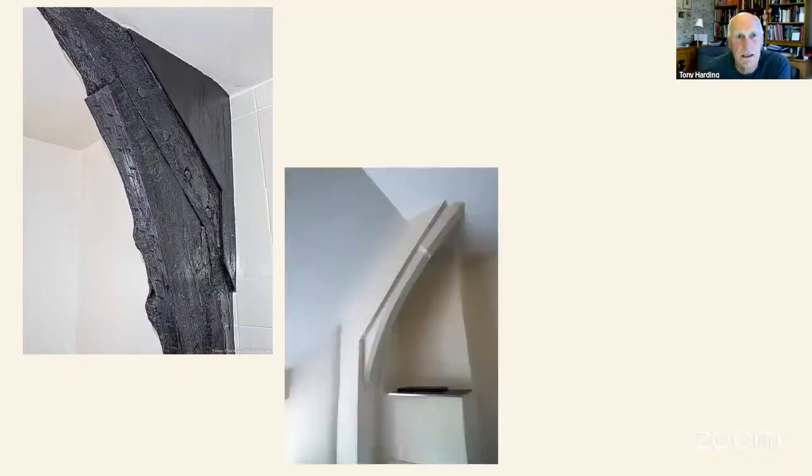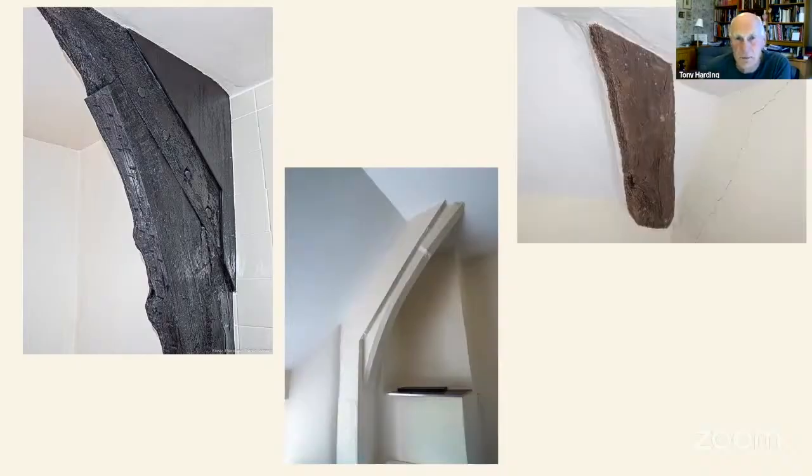Sometimes they might be painted black, painted white, or completely plastered in. You can see a windbrace there, and this crack in the plaster there, which is the line of a truss. Sometimes they're boxed in, sometimes they're plastered right over. But they're important detail. The way these bits are joined together here is quite important.